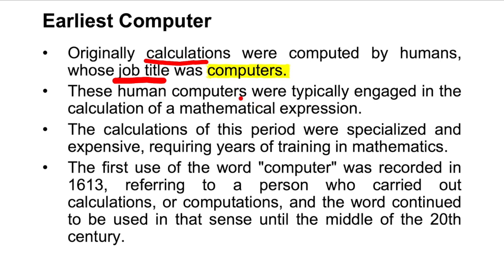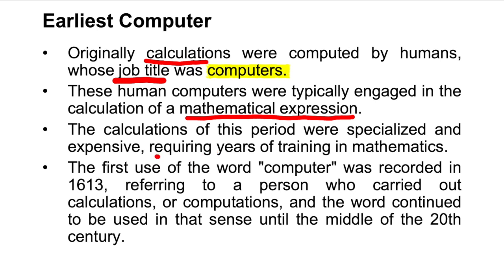These human computers were typically engaged in calculating mathematical expressions. They were skilled people who could use mathematical expressions to calculate things for other people. The calculations of this period were specialized and expensive, requiring years of training in mathematics.